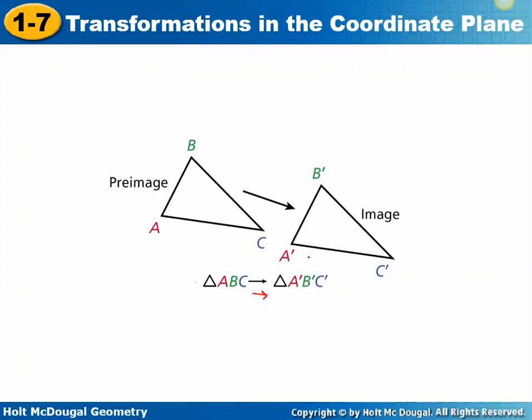We didn't change the size. We didn't change the way that it was pointing. C is still the farthest to the right point and C prime is the farthest to the right. So we didn't change its orientation and we didn't change its size.